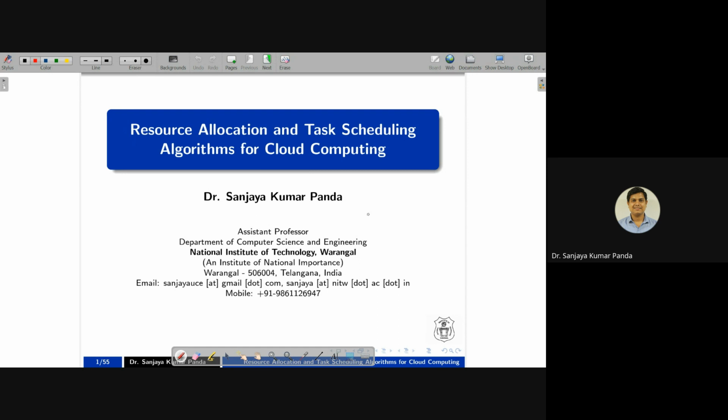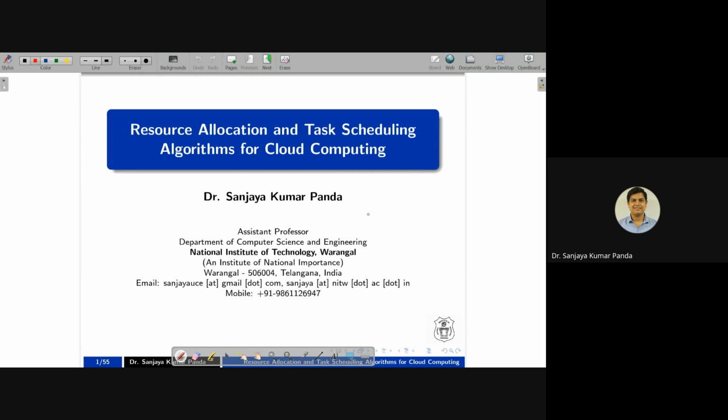So in this session, we'll see two important problems related to cloud computing. The first problem is resource allocation. The second problem is called task scheduling. You can find numerous research papers in both domains, resource allocation and task scheduling.